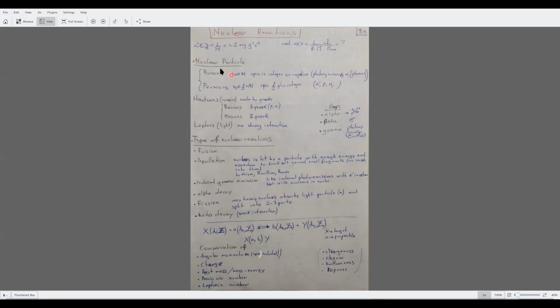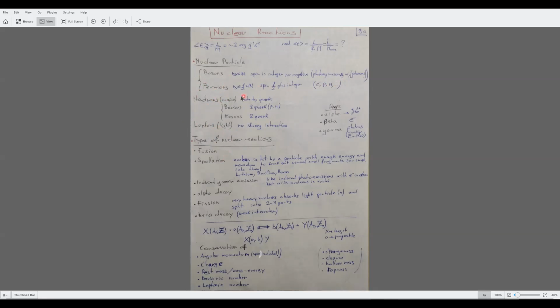These are the differences in statistical mechanics that are ruling them: bosons follow the Bose-Einstein distribution, fermions the Fermi-Dirac distribution. Then we have the hadrons and the leptons. Hadrons are the massive particles, leptons the light particles. This is a simple differentiation because of the characteristics in the interaction.